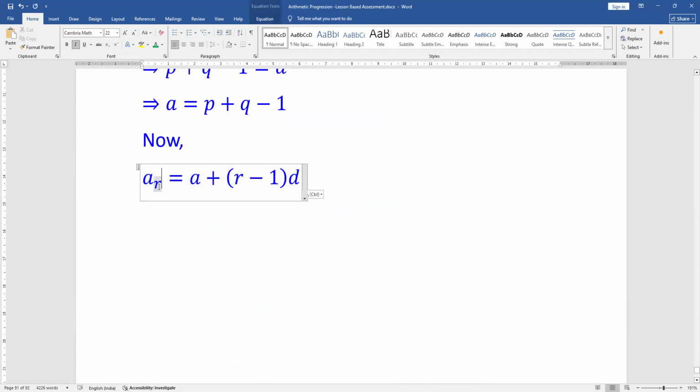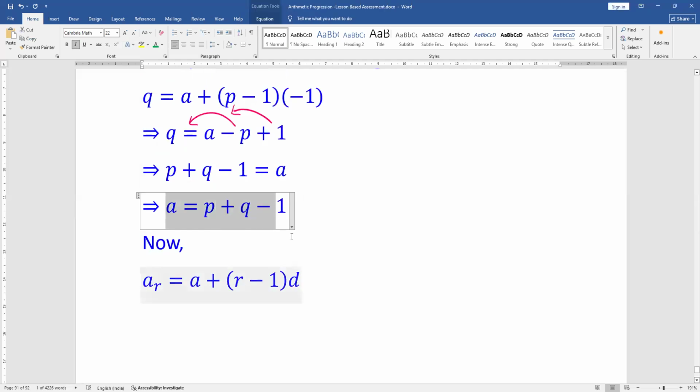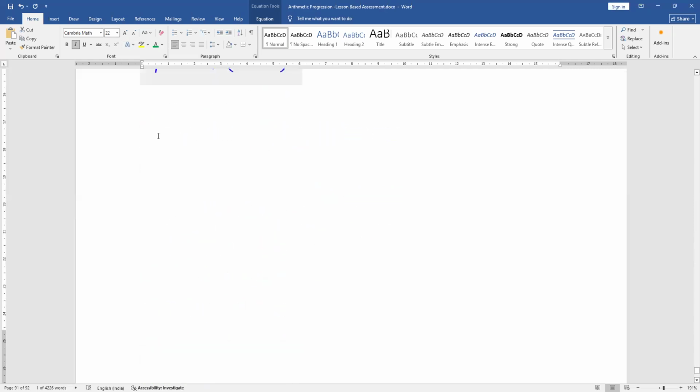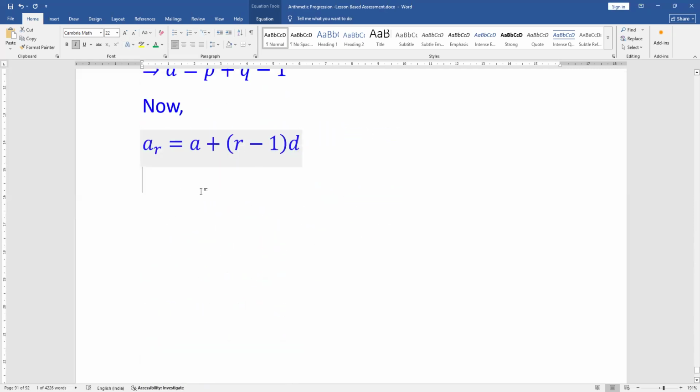So wherever n is there, you just replace it with r. Now what we do is substitute a and d in the whole equation. We have a value as p plus q minus 1, and d is minus 1, correct?